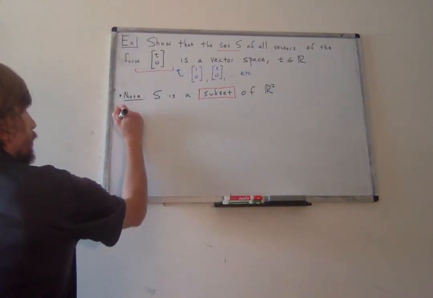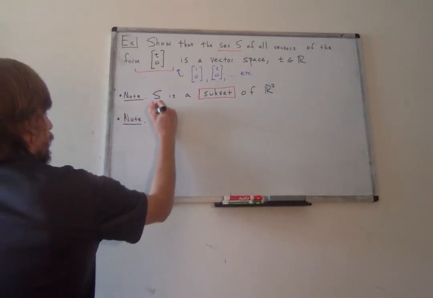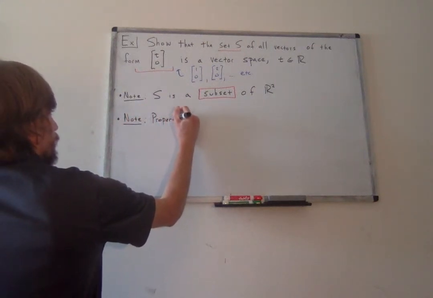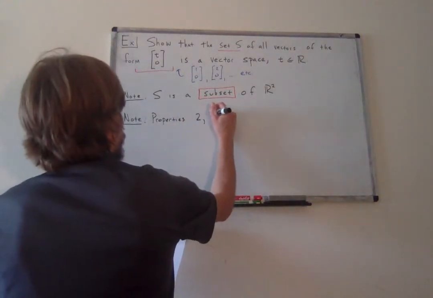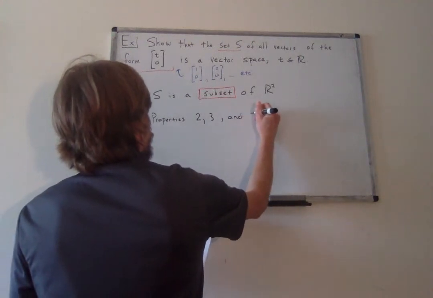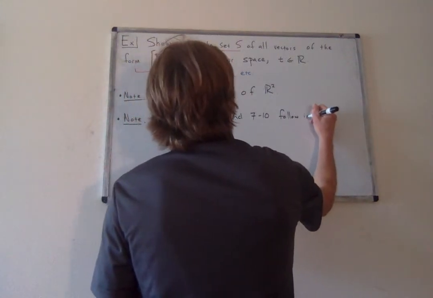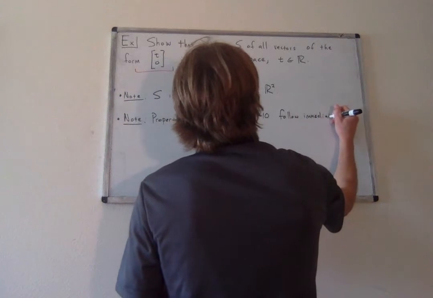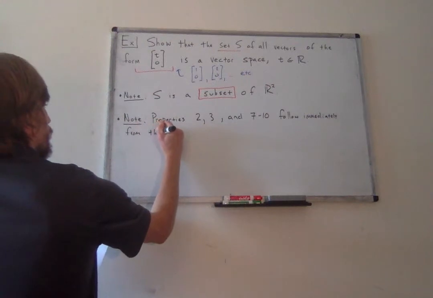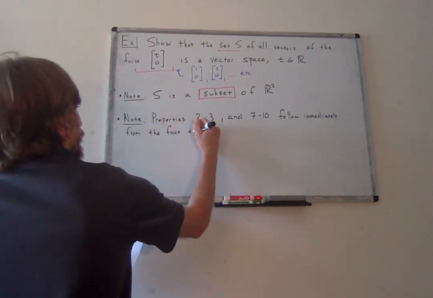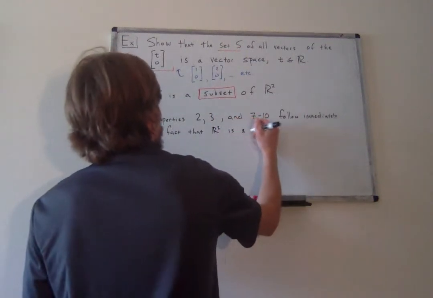Specifically, if we want to show that this is a vector space, properties 2, 3, and 7 through 10 follow immediately from the fact that R2 is a vector space.